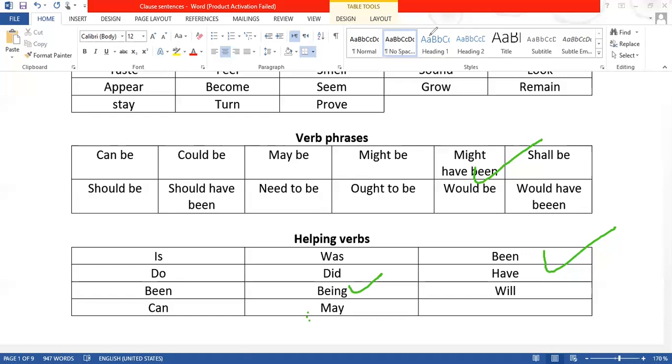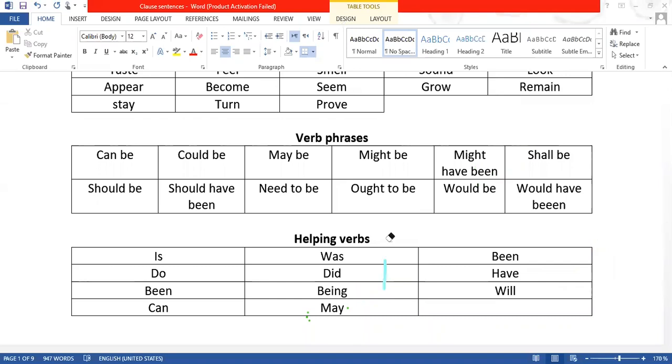Or for example, he has been called or he has been invited. So been is also a helping verb. Now can and maybe is also a helping verb, or will can be a helping verb, or could can be a helping verb, and it is also a modal verb as well.